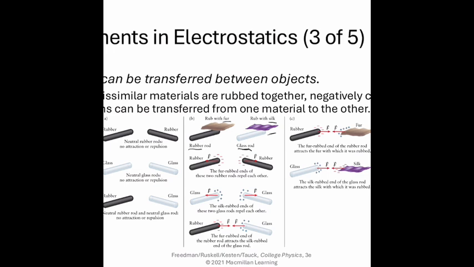So what's left over on the rubber rod is a bunch of electrons sitting on the surface. What's left over on the glass rod is a bunch of positive charges sitting on the surface. Why? Because the negative charges left and went to the silk.